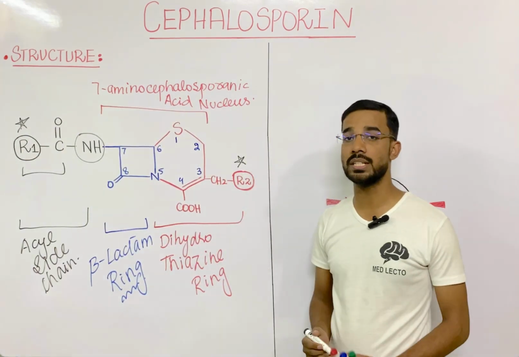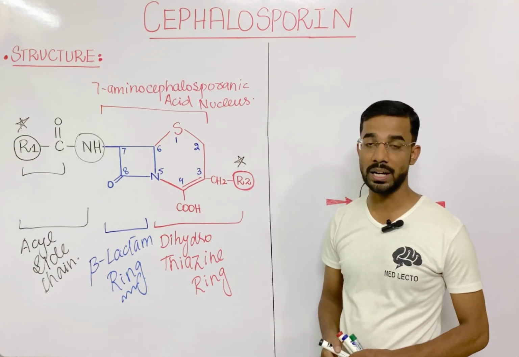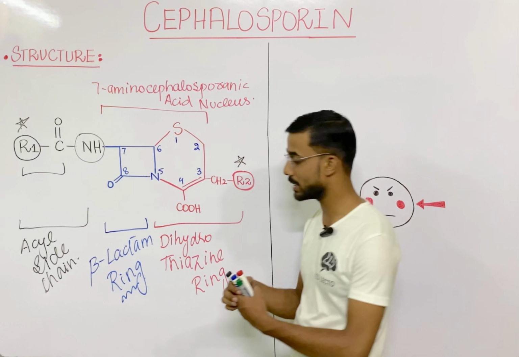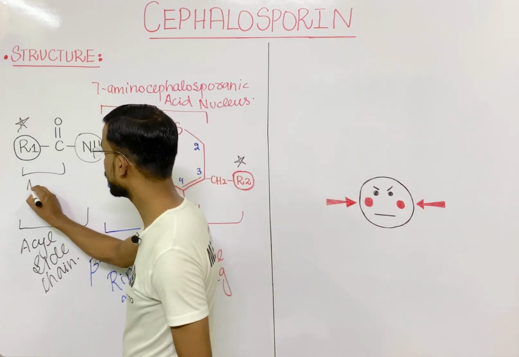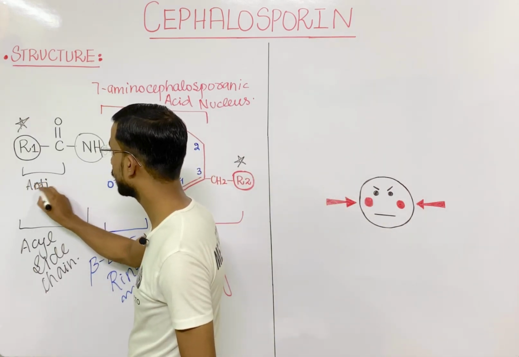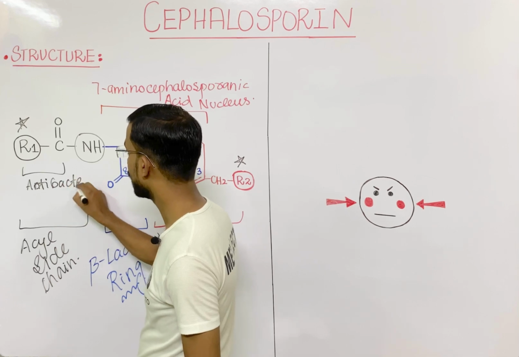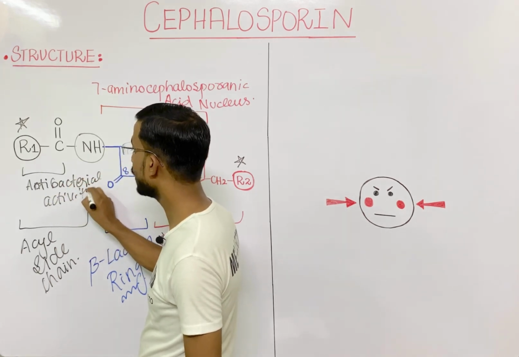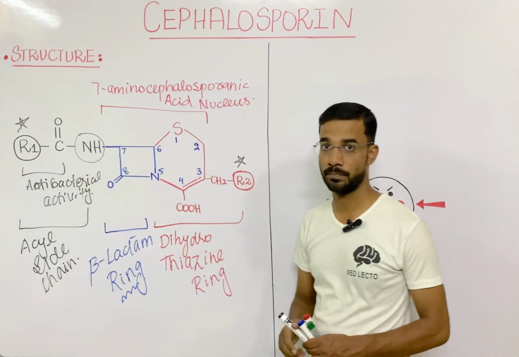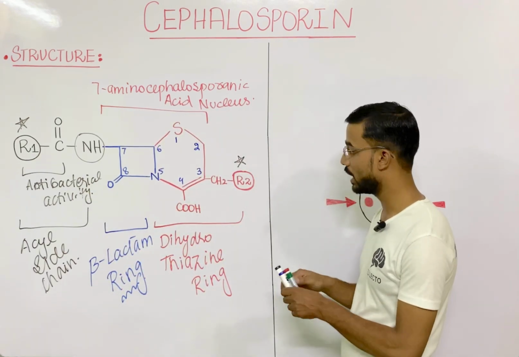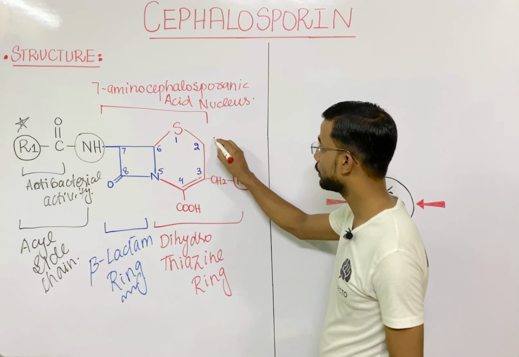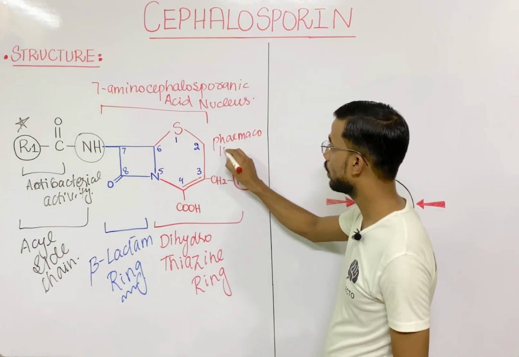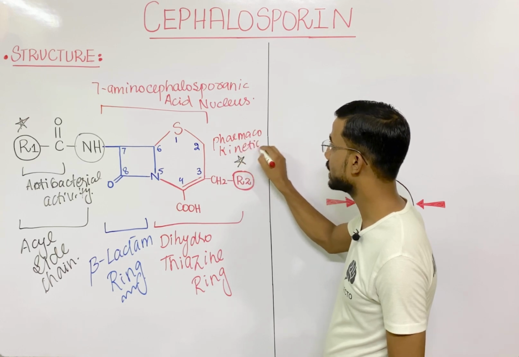If you make changes at the R1 position, it will change the antibacterial activity. That is the most important thing. And if you make changes at the R2 position, it will change the pharmacokinetic profile of the cephalosporin.